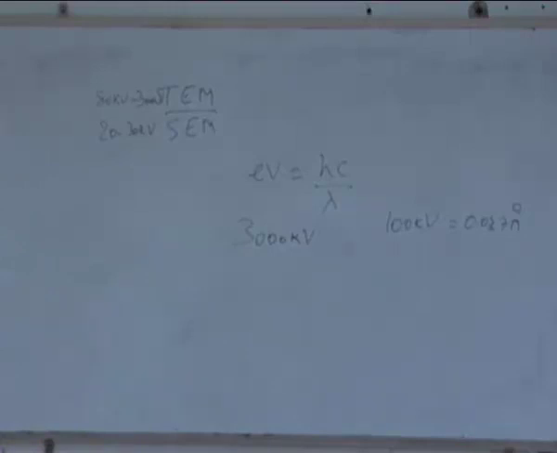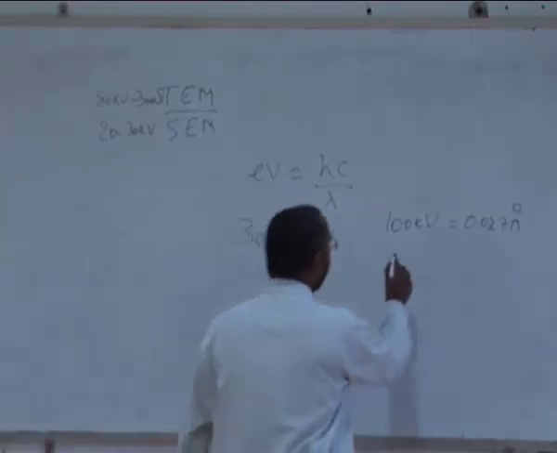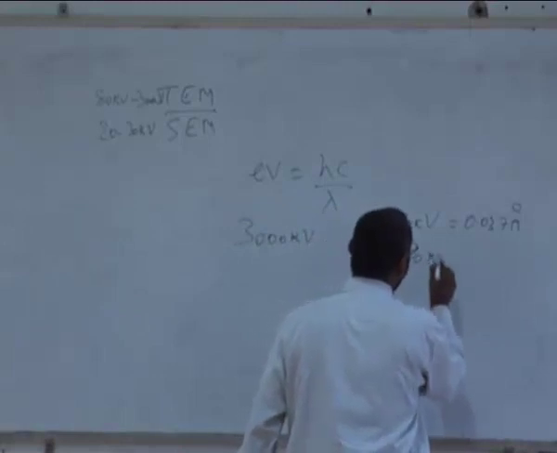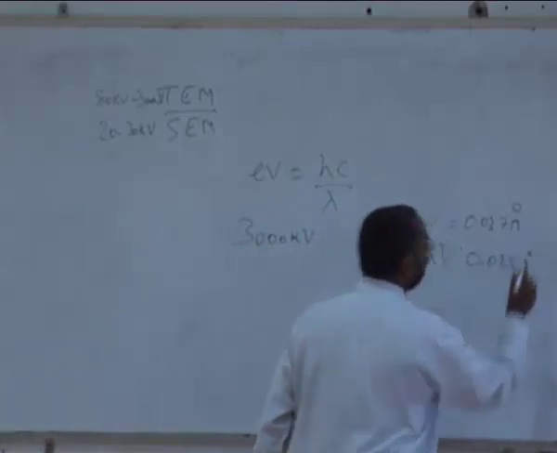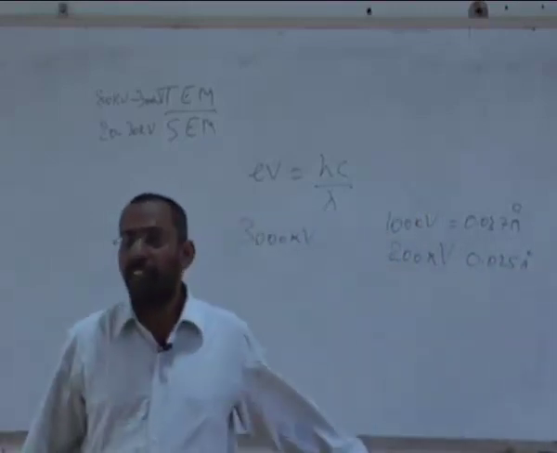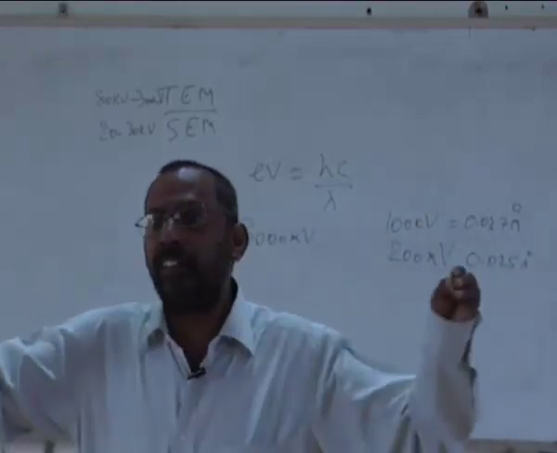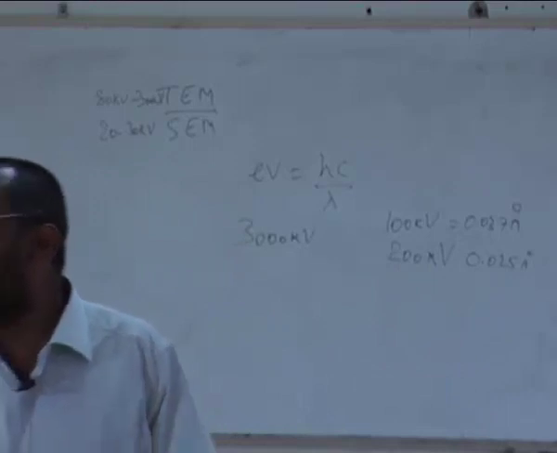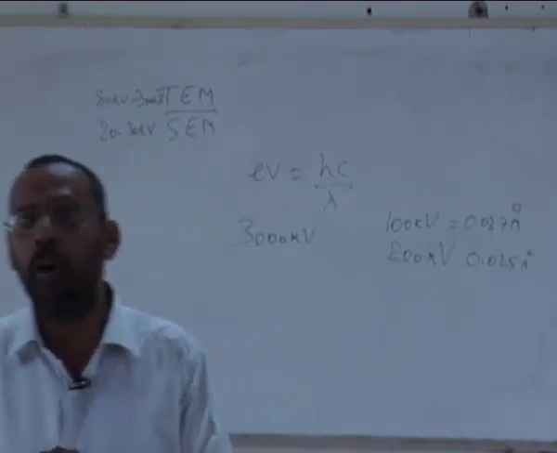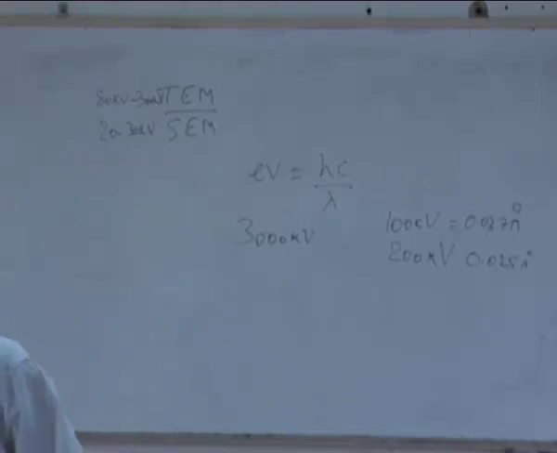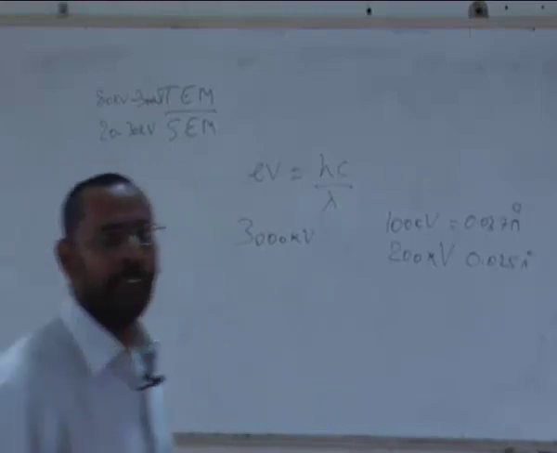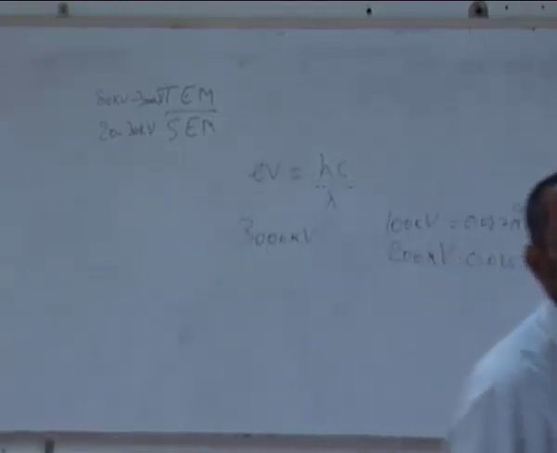So just by going to 100 or 200 kV, I am able to get something in this range. This is much smaller than the sizes of atoms. Most of the interatomic distances that we know are of the order of around 1 angstrom or so. For example, when we talk about atomic sizes, they are all measured in angstroms, right?